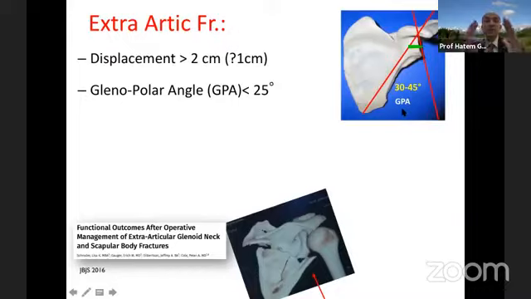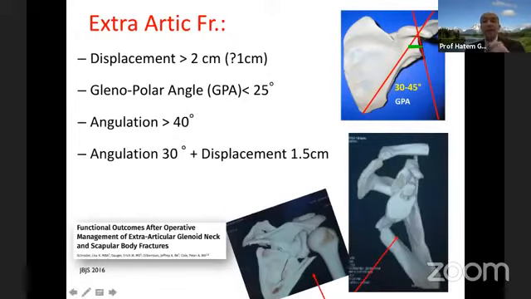So if this is reduced, and more than one factor will reduce that, not only a neck fracture, but the displacement that will reduce the glenopolar angle, they found that if it's less than 25, that would lead to disadvantage of the working muscles and thus poorer function of the shoulder.